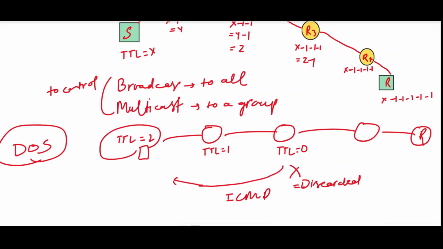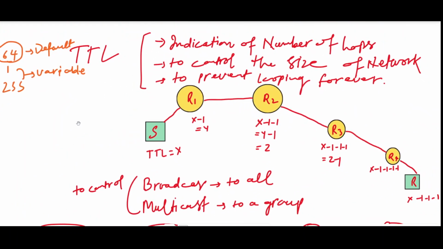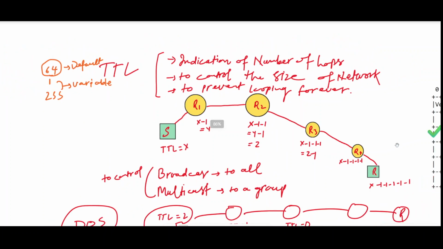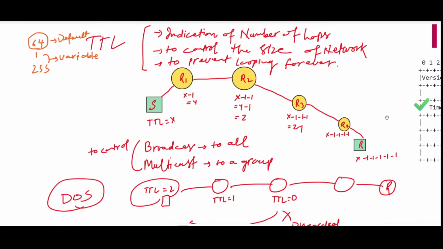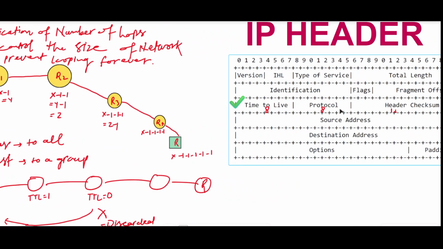So I think you have a better understanding of TTL. This is the whole scenario. Thank you guys for your dedication. Now in the next video we will tell you about the protocol field, then the header checksum. So wait and watch. Thank you.